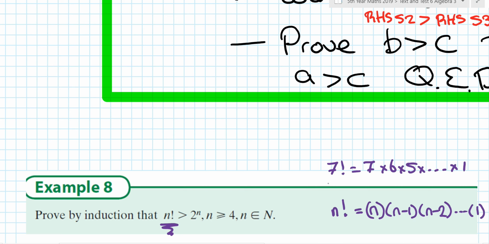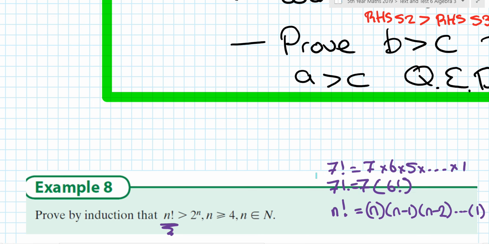And a really important note is that 7 factorial is the same as 7 multiplied by, well, what is 6 by 5 by 4 by 3 by 2 by 1? That could also be written as 6 factorial. So 7 factorial is the same as 7 by 6 factorial, and we'll come to that again in a second.